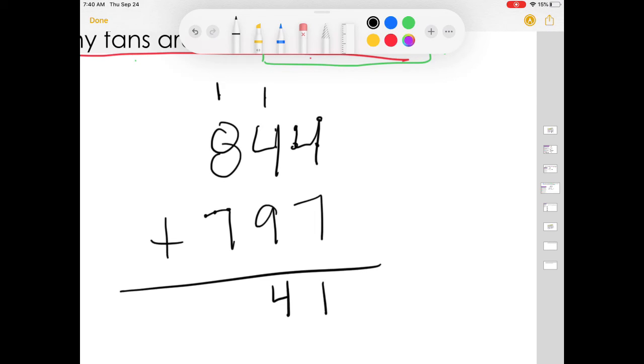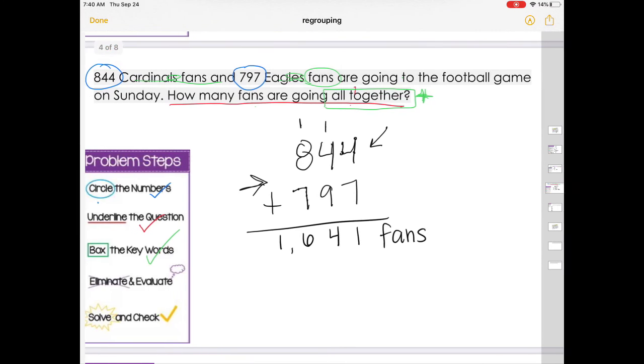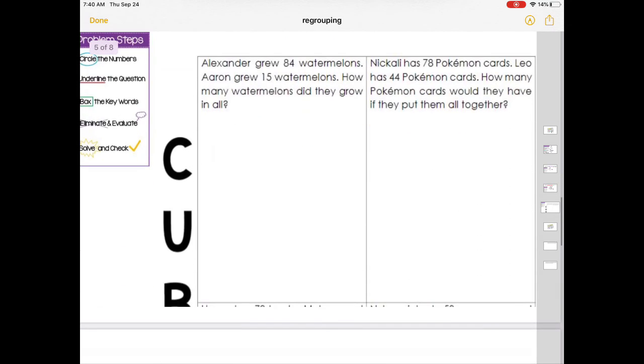Carry that rod up. 8, 9, 10, 11, 12, 13, 14, 15, 16. So I put a 6, 1, and I have to put a comma because it's thousands. So 1,641 fans are going to that football game. Sometimes you have to regroup more than once, just like I did here. I had to regroup more than once. I had to carry over and regroup that 10 rod.